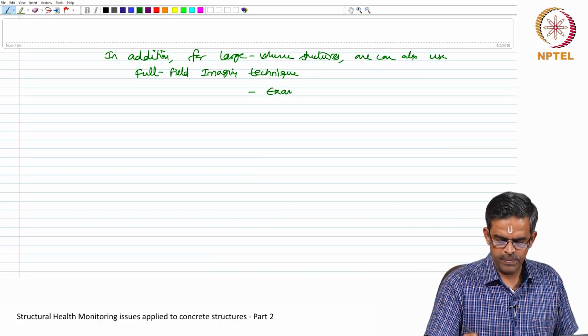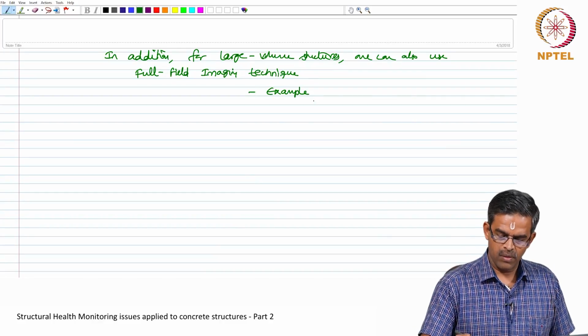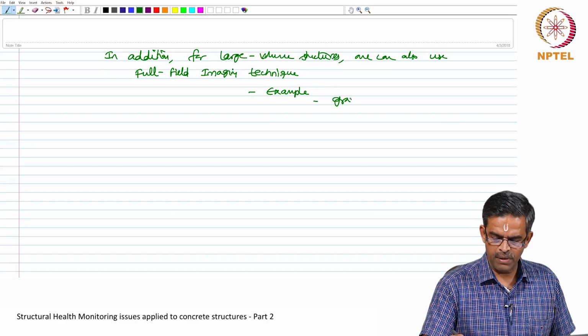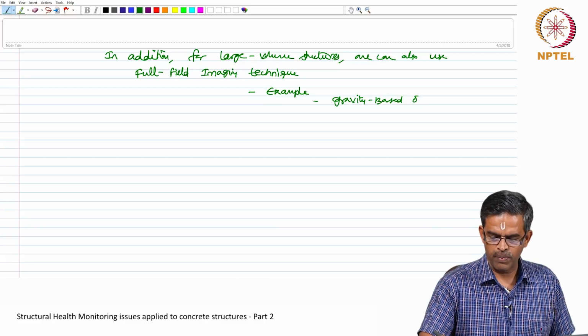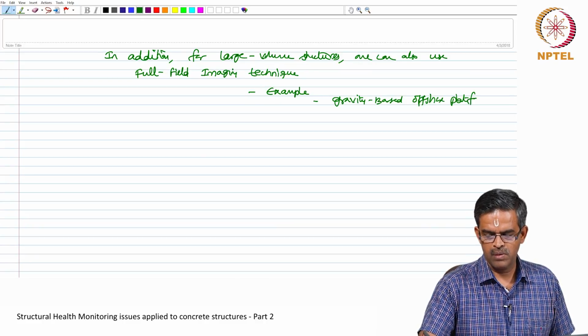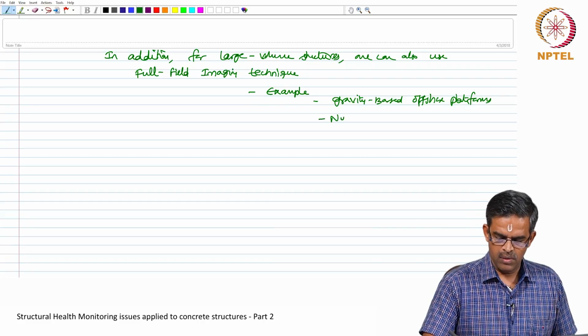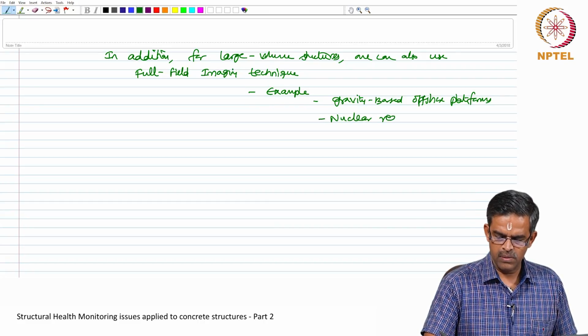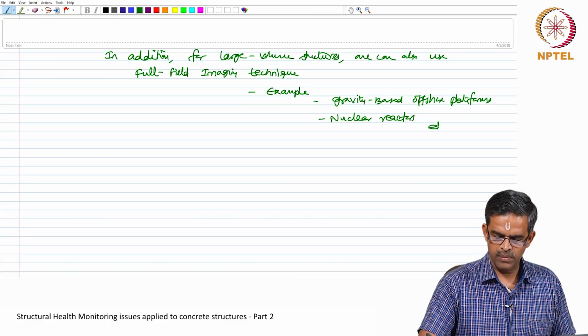Examples can be gravity based platforms, offshore platforms, nuclear reactors, etc.